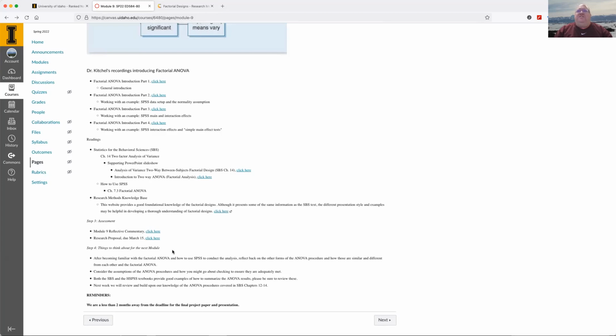Both the Statistics for Behavioral Sciences and How to Use SPSS textbooks provide good examples of how to summarize the ANOVA results, and make sure that you review those. In the next module, there will be a review, and we will build upon our knowledge of the ANOVA procedures, which are covered in the Statistics for the Behavioral Sciences, chapters 12 through 14.